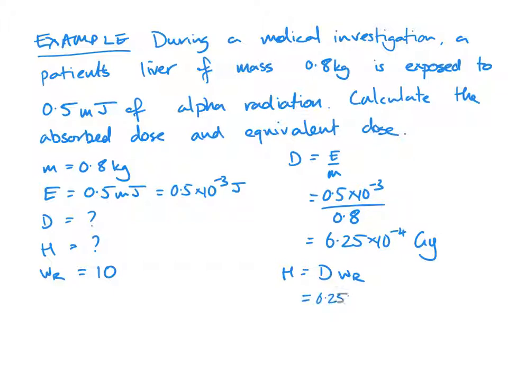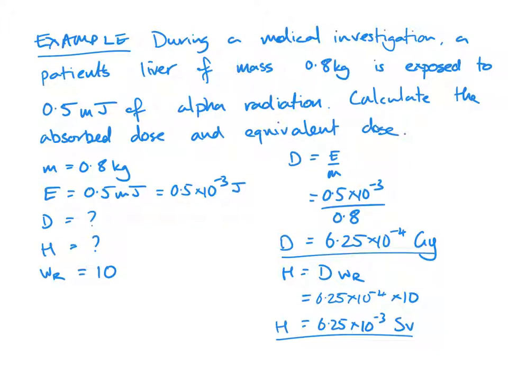So substituting in, and the units are sieverts, right? Capital S, small v. So final answers to these two questions: D is 6.25 times 10 to the minus 4 grays, and H is 6.25 times 10 to the minus 3 sieverts.